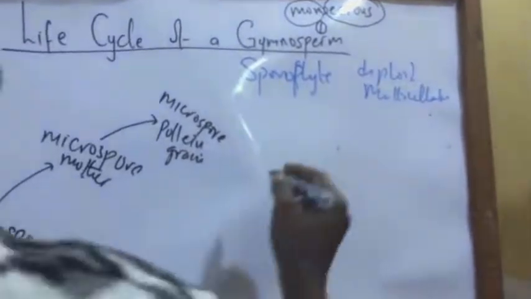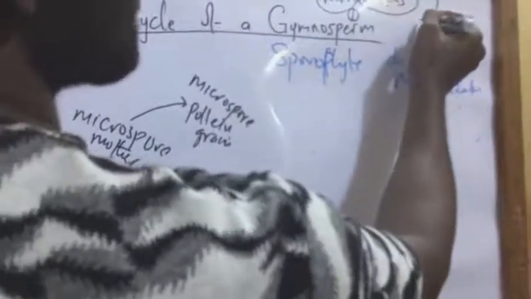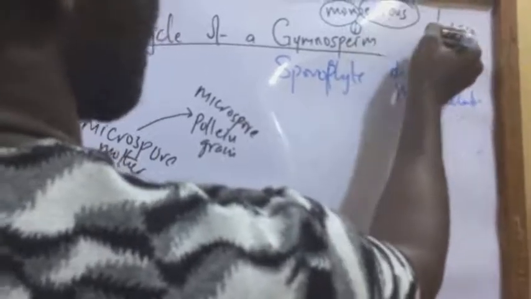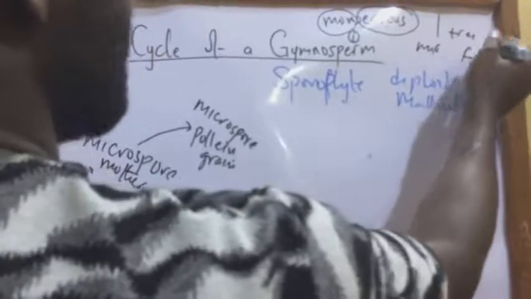Ecious is talking about sex. That means one tree with separate sexes. So we have male on one part of the tree and female on the other part of the tree.